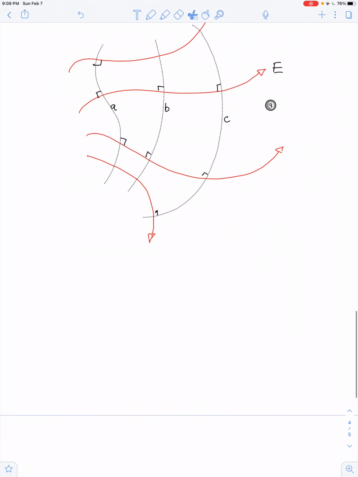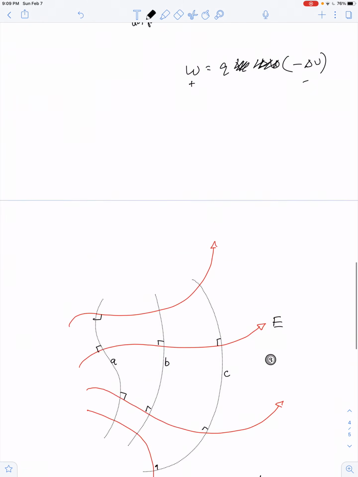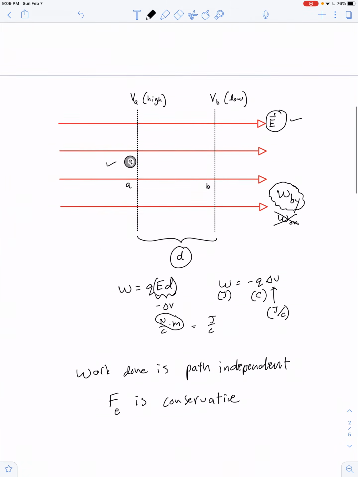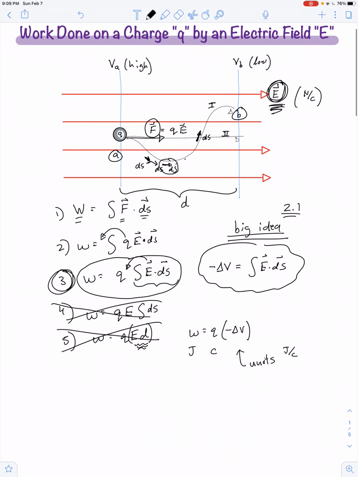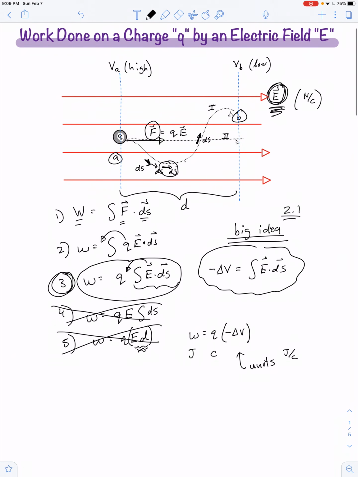Work done by an electric field is path independent, because work is equal to Q times negative the change in electric potential, regardless of the path taken. Okay, so there's an introduction to the whole concept of electric potential difference and how we can use it to calculate work.